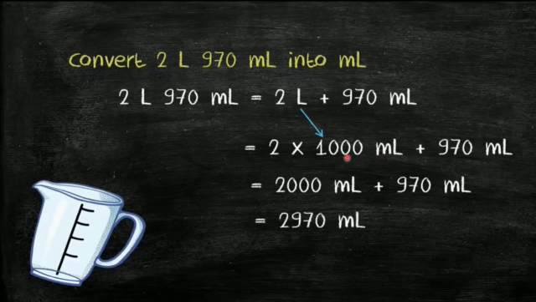For the conversion, we have to multiply the number by 1000. So we multiply 2 by 1000, which is 2000. 2000 milliliter plus 970 milliliter. If we add this, we will get the answer 2970 milliliter.